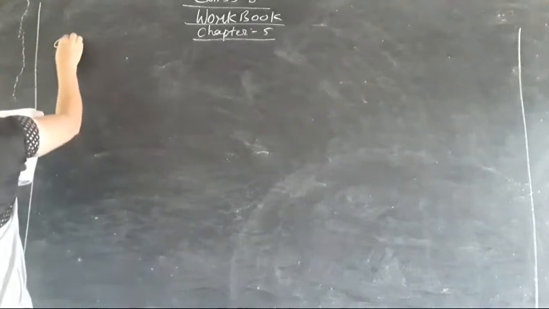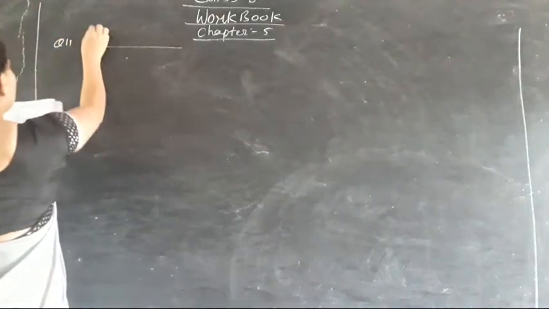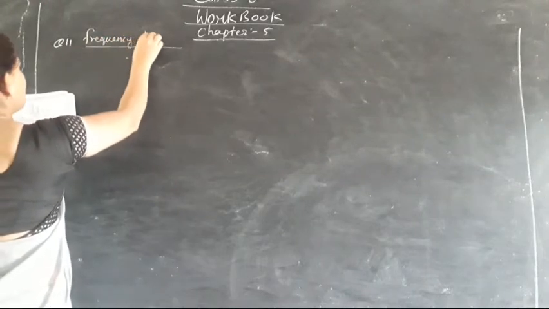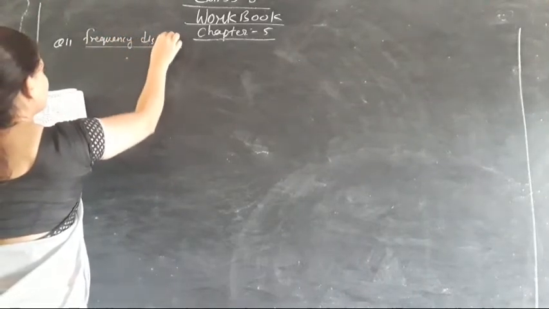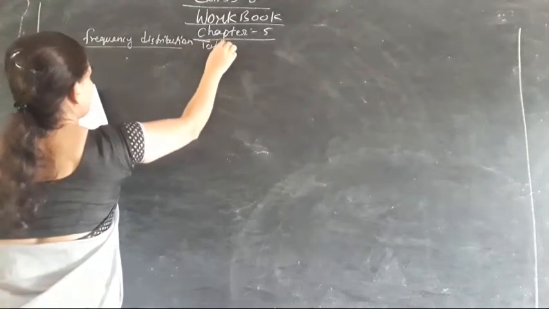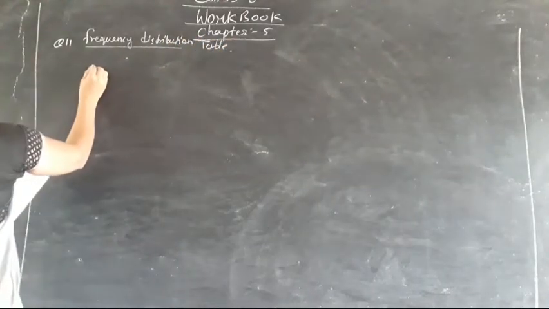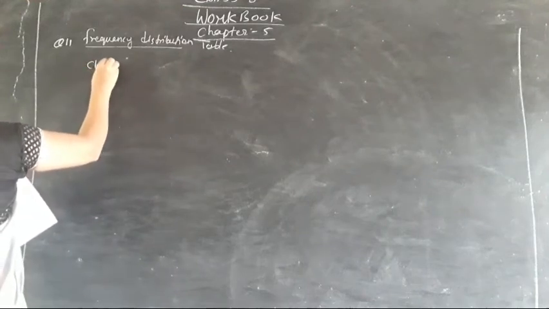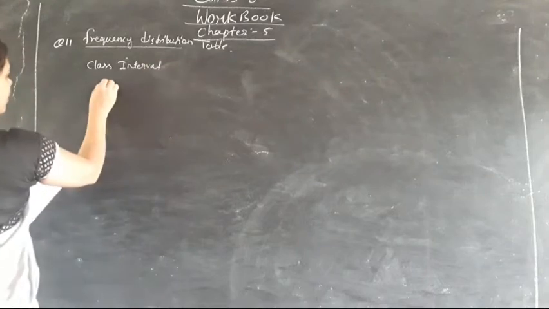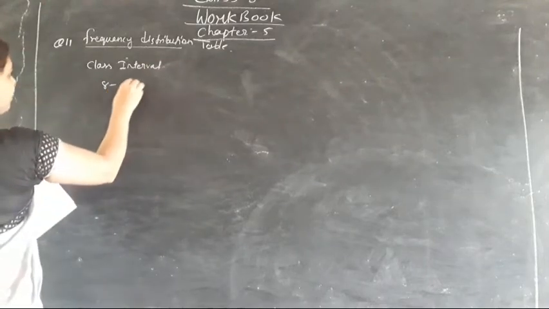So question number 11, here we are going to prepare a frequency distribution table. Okay, so here what is the class interval we are having? The class interval of the first class which is given in the question is 8 to 18.